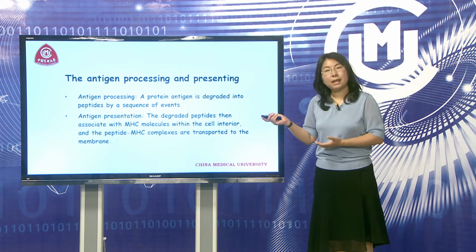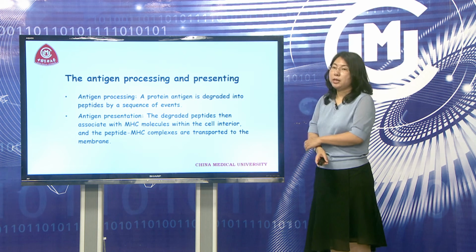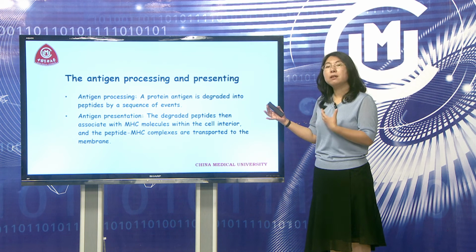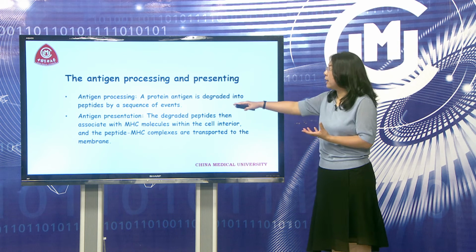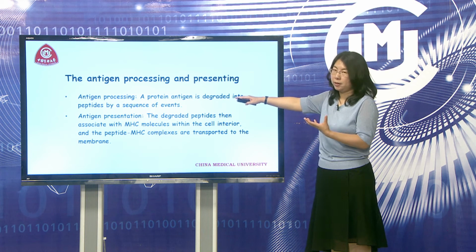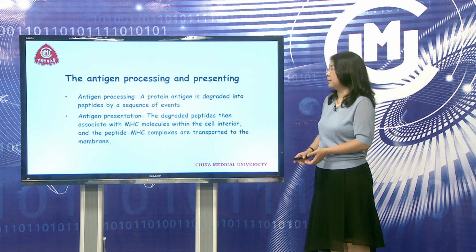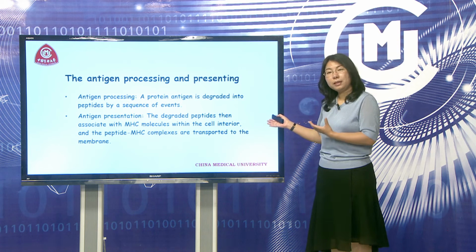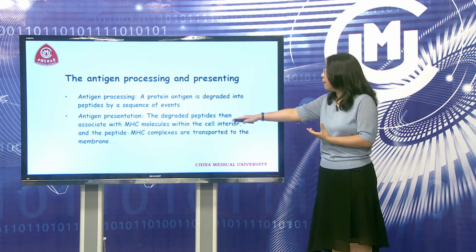So what is antigen processing? Antigen processing means a protein antigen is degraded into peptides by a sequence of events. Later we will learn these events: how the antigen is degraded and presented on the cell surface. And what is antigen presentation? The degraded peptide is then associated with the MHC molecule.